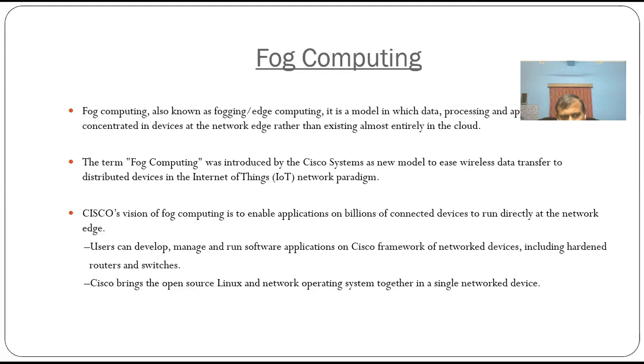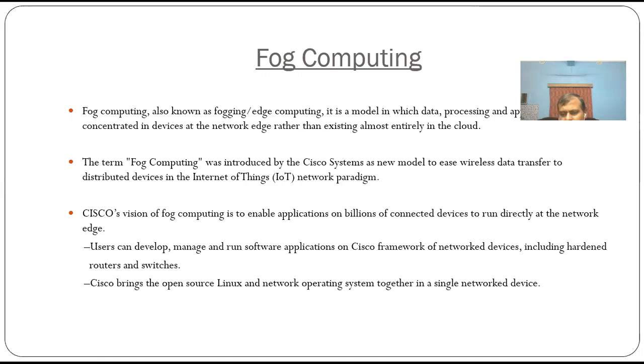Now, Cisco's vision of fog computing is to enable the applications on billions of connected devices to run directly on the network edges. Users can develop, manage, or run their software applications on Cisco's framework of network devices, including hardened routers and switches. Now see, basically, Cisco is the market leader in manufacturing various types of specific network equipment like routers and switches, gateway devices, access points, and all those things.